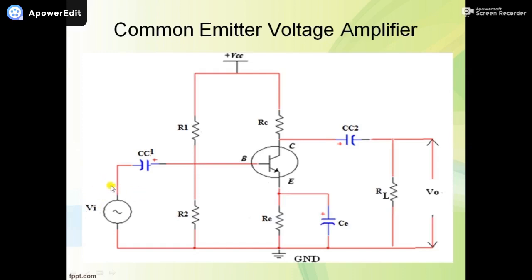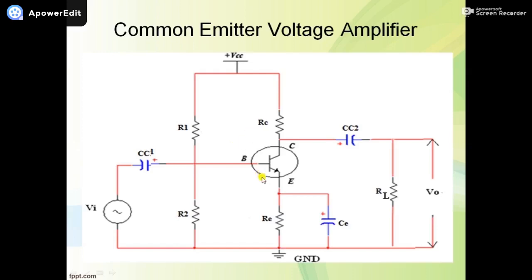Consider the positive half cycle of Vi, which means we are applying the positive part of the signal to the base of the transistor. When we apply the positive signal to the base, the emitter-base junction becomes forward biased, and this junction is reverse biased.